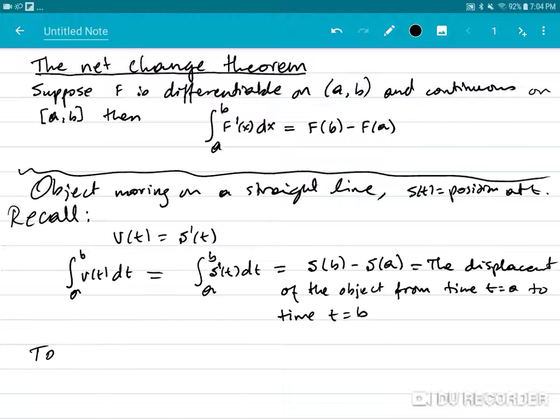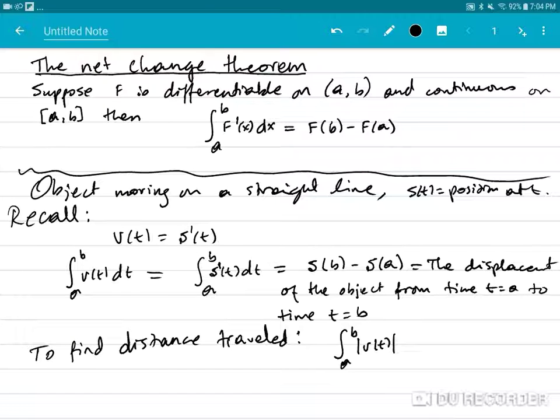To find distance traveled, what you do is integrate from a to b the absolute value of the velocity function, because you want to count the backwards and the forwards and then add them up. So that's what you do for distance traveled. So this gives you distance traveled.